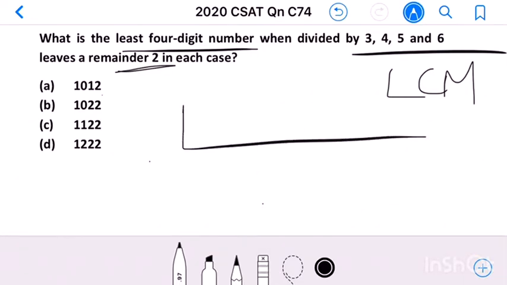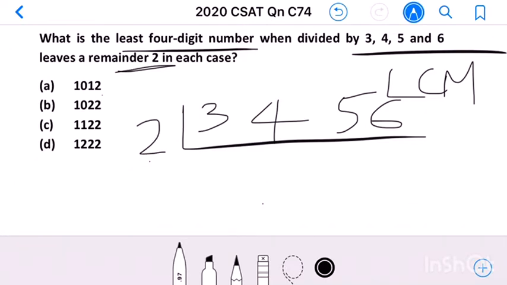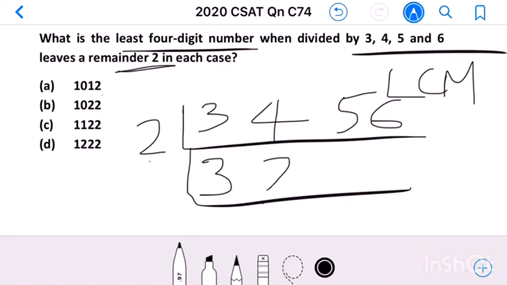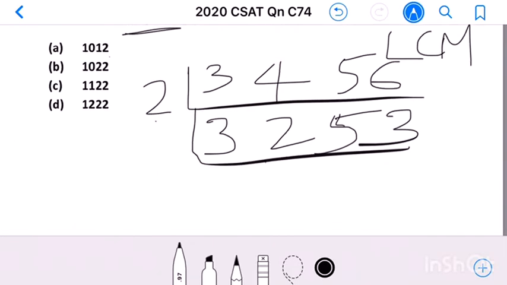Prime factorization we can do in this way: 3, 4, 5, 6. Then take the least prime which is a factor of these numbers. 2 is a factor of 4 and 6. It is not a factor of 3, so we keep 3 as it is. Then 2 2s are 4. 2 is also not a factor of 5, so we keep 5 as it is. And 3 2s are 6.